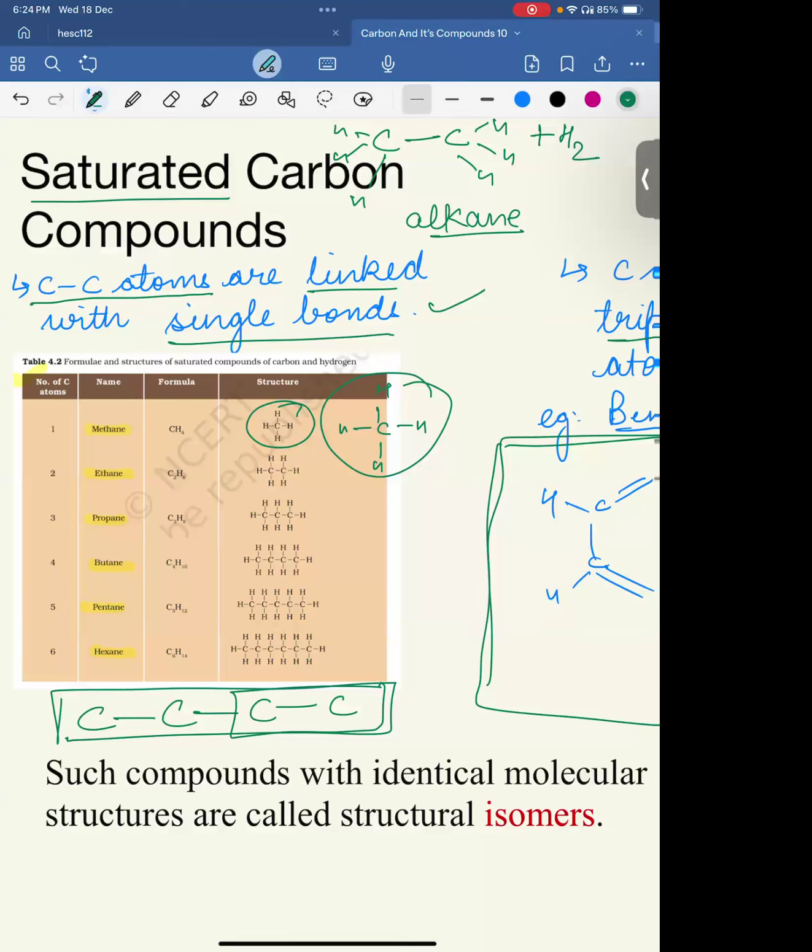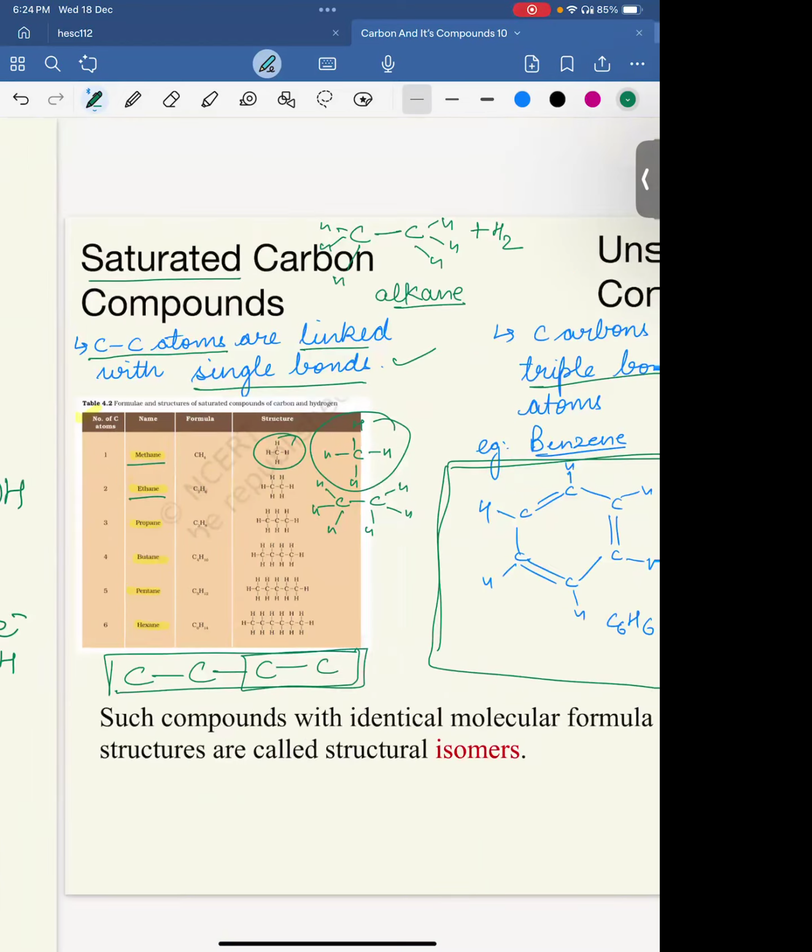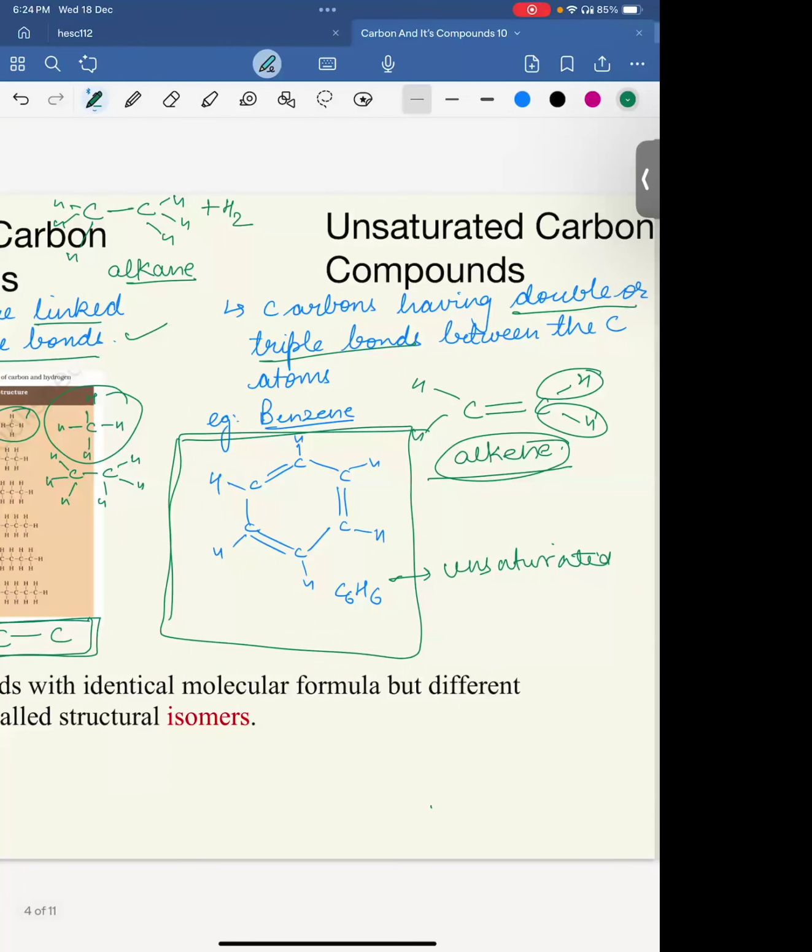That's why it's a saturated compound, at least it has one carbon. So this methane, and then ethane with two carbons, is also a saturated carbon compound. You can give these two examples. And then for unsaturated, you give this example of alkene or this alkyne.